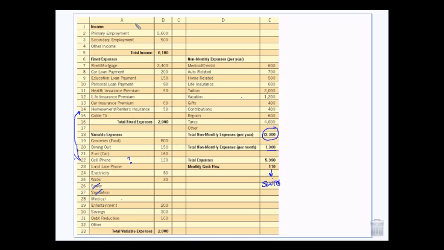Do you know how you determine what other is? That's just for your own, whatever you need to put in there. So if I was making my budget spreadsheet, the reason this is on here for the example is because there might be other things that you need to add. So whatever other things there are, but for mine, I have this, I have that. I don't have this yet, but in 2 years I will.